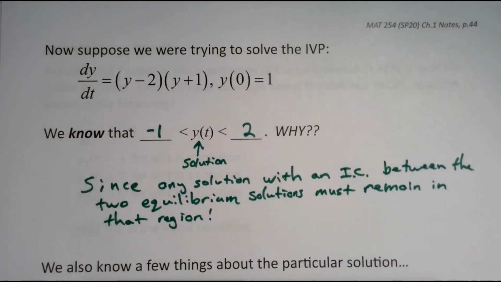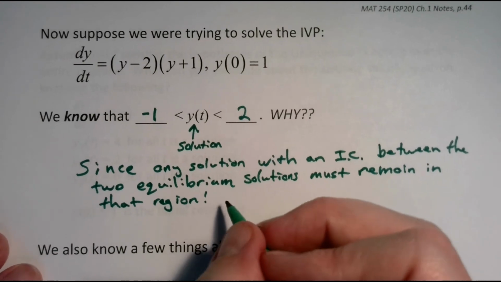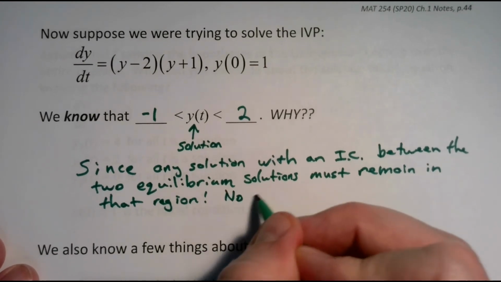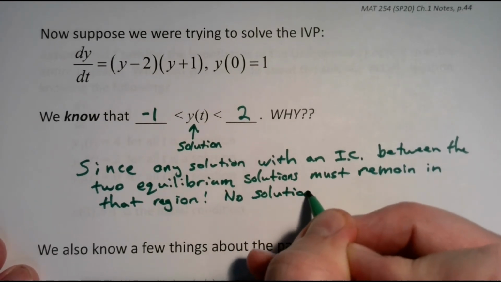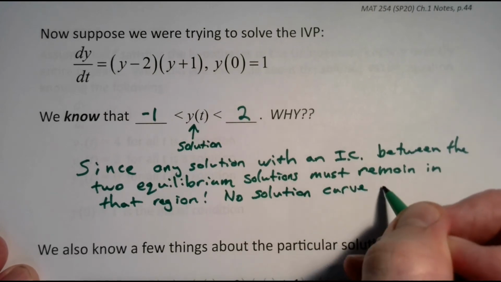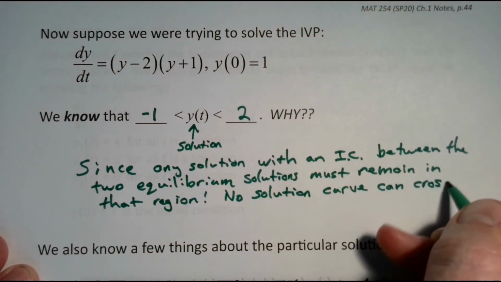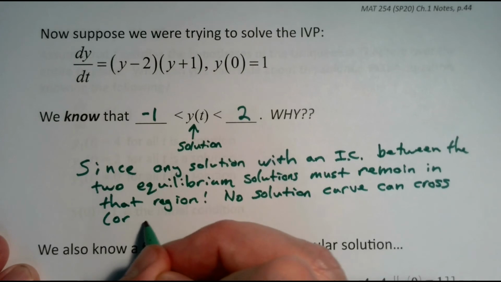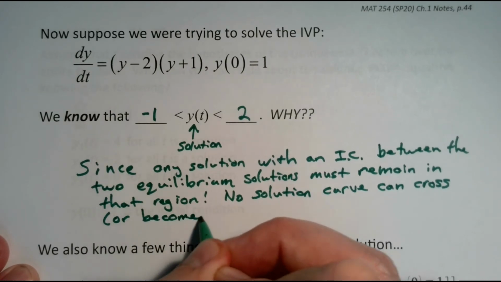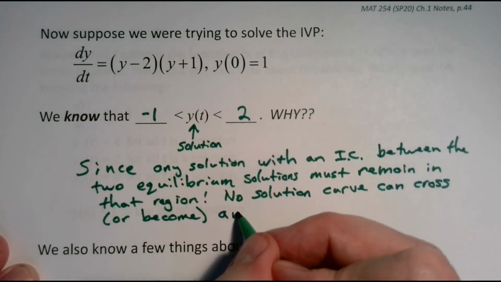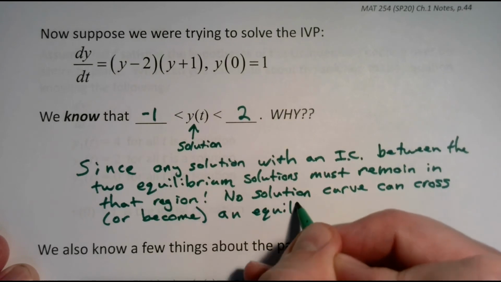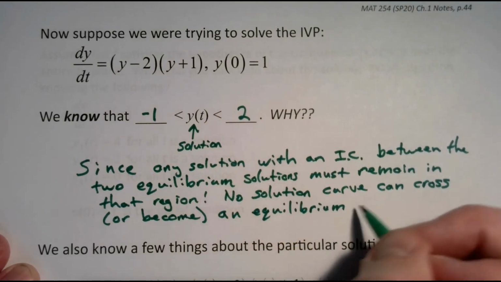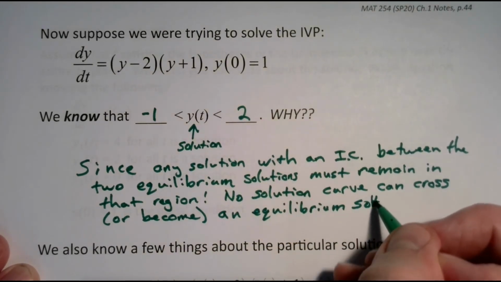It can't cross an equilibrium solution. So no solution curve can cross, and I'm going to put this in parentheses, or become an equilibrium solution.